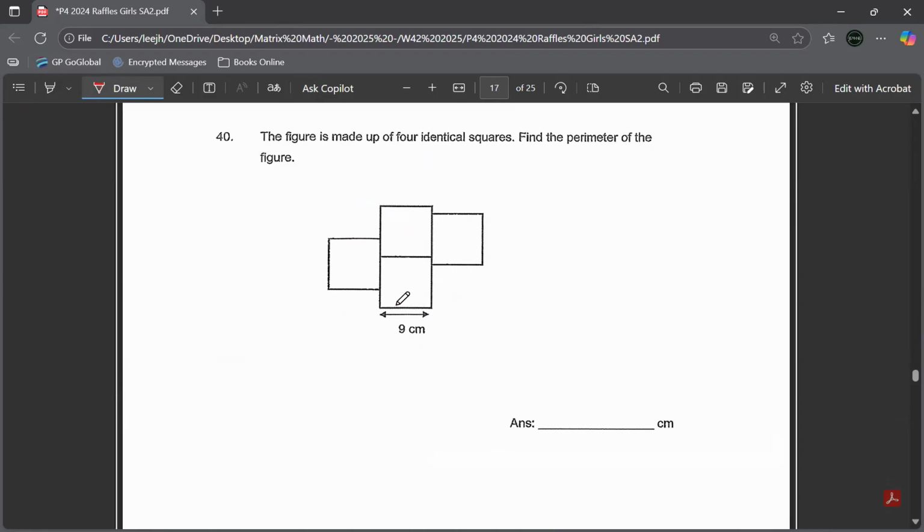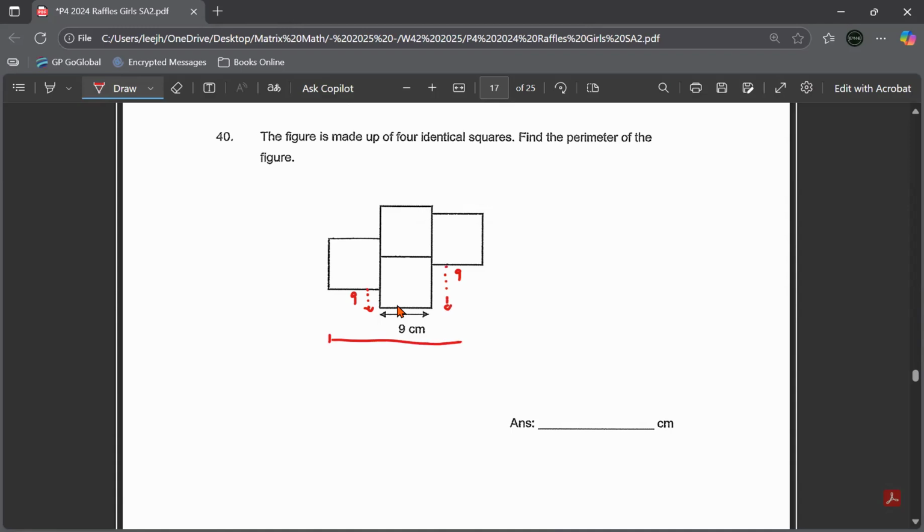So question number 40. It says here, the figure is made up of 4 identical squares. Find the perimeter. So this is 9. That means this is 9 and this is 9. So if you look at this, we just push the sides out to see which are the length and breadth of the entire figure, because we're focusing on the measurement of the figure, not the area. So I'm going to push this 9 down, push this 9 down.